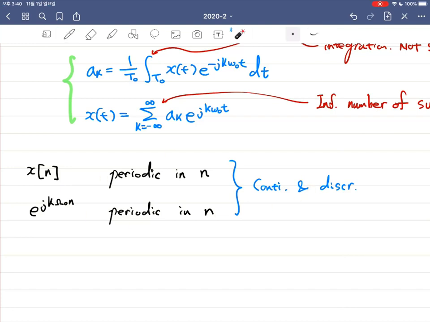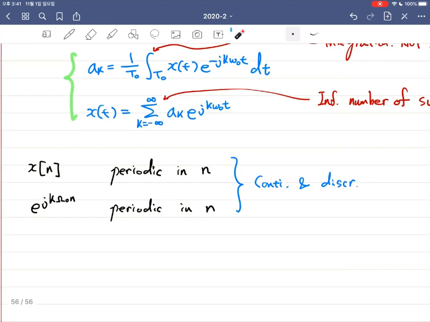We already set up the environment to derive this Fourier series for the periodic signal, and of course the fundamental building blocks, which are the basic signals, are also periodic with respect to the timeline.